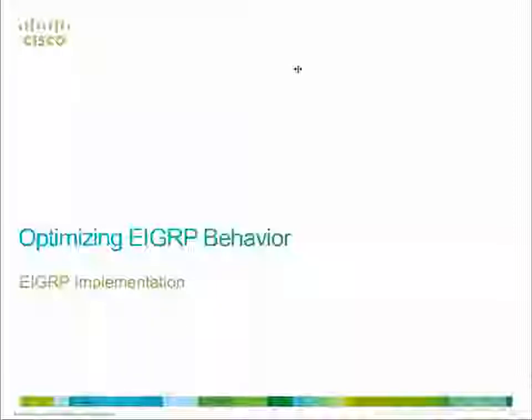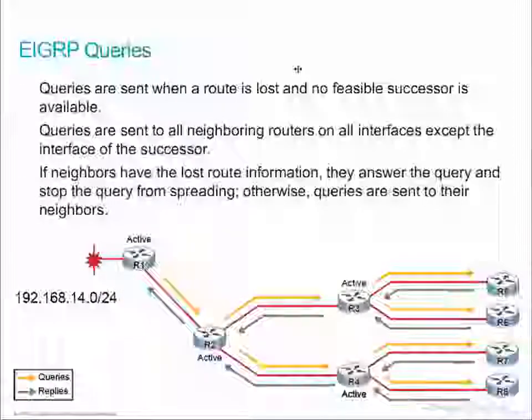All right. So let's start by talking about the query process. We already saw from our previous lesson and our previous discovery lab that EIGRP queries are sent to neighboring routers whenever the router loses its successor route and it doesn't have any feasible successors. The idea here is that we're trying to identify whether or not an alternate path is still a viable path and wasn't included as part of the original path.